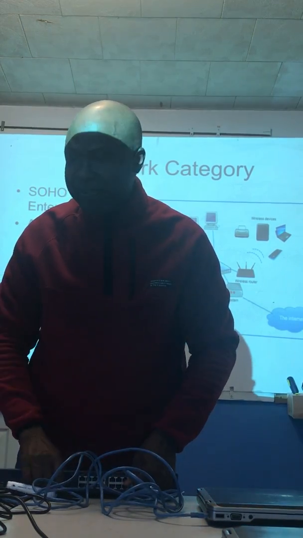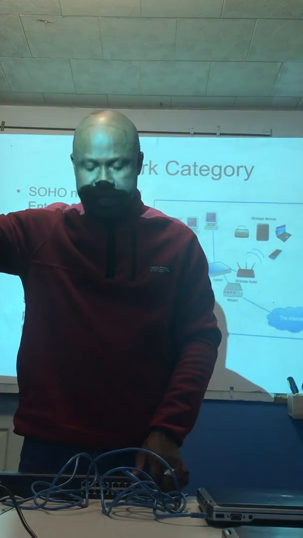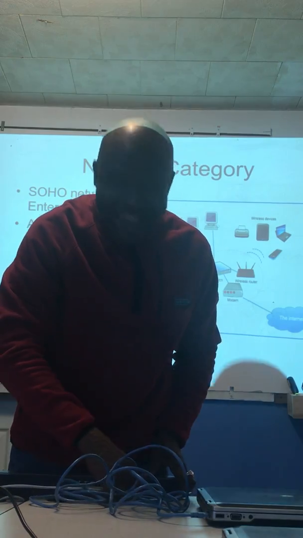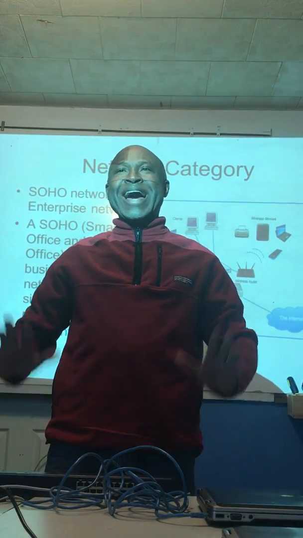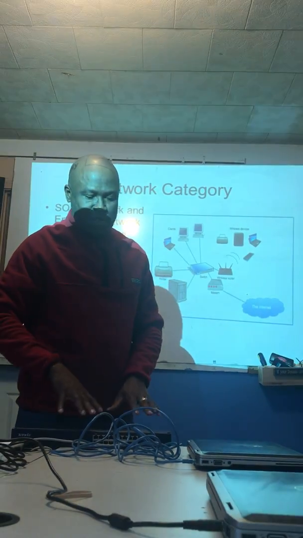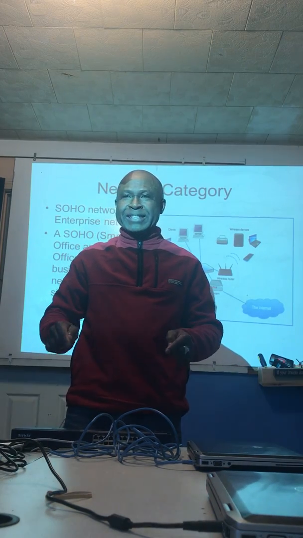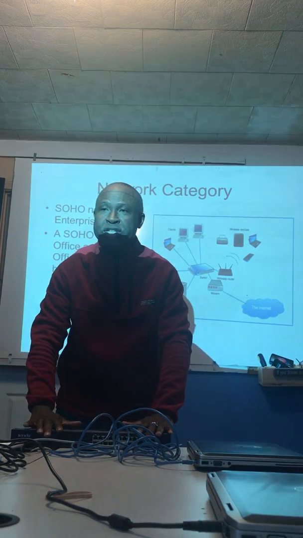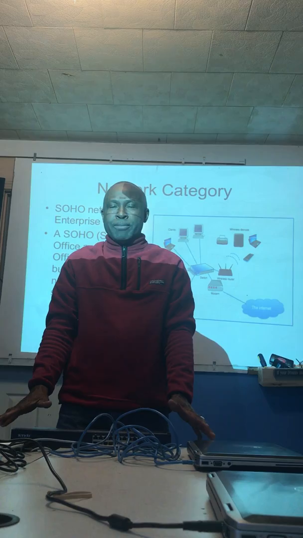So I can have another computer. I can take another cable that is connected to another computer, and I connect it right here to the switch. So every time I want to add a device to my network, all I need is a piece of cable to connect that device to the switch. Of course, the switch has to be connected to a power source, because if the switch does not have power, it's not going to be able to perform its job.